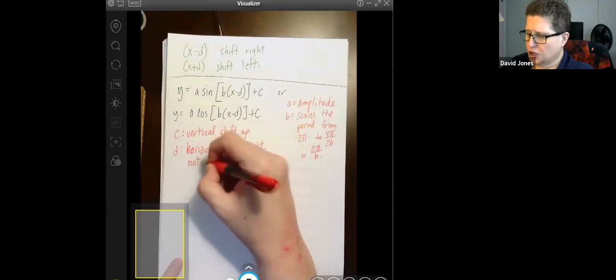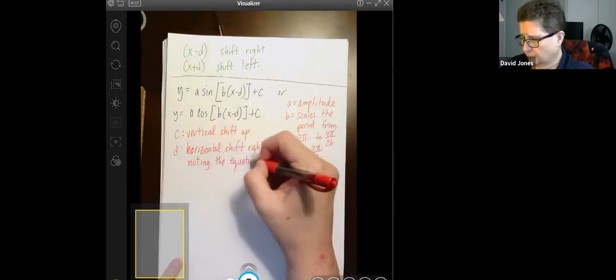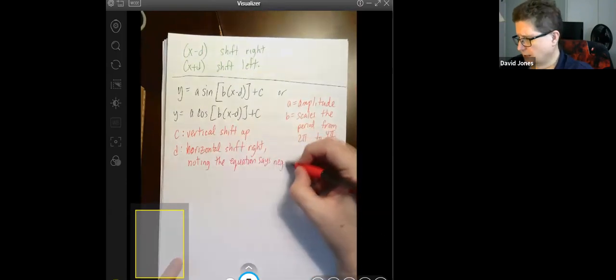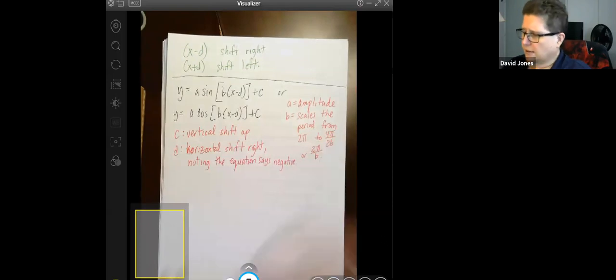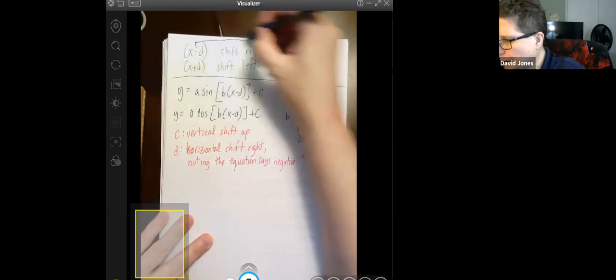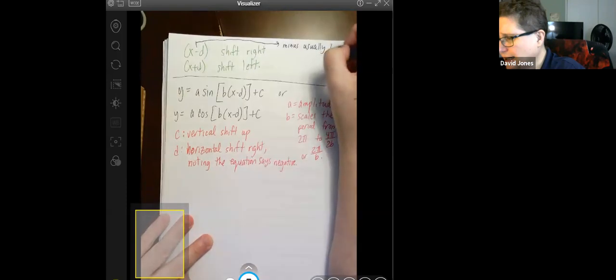Noting that the equation says negative right now, and that's why I said opposite. This is minus. Minus is usually left, but we go right.